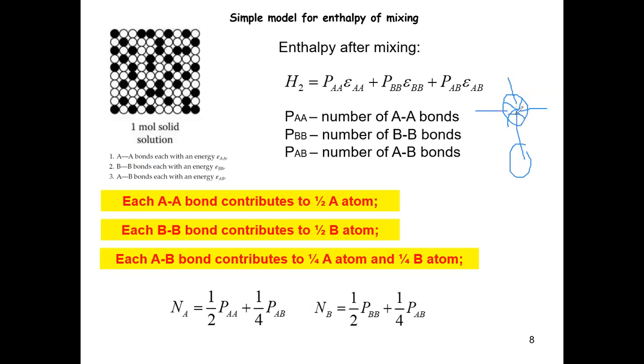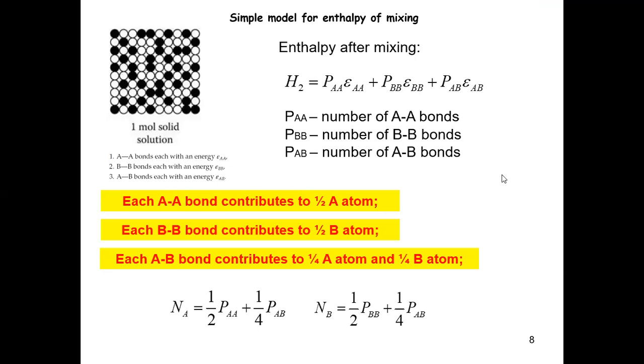You see that this end is going to be associated with 1/4, and this end is also going to be associated with 1/4. If this 1/4 and this 1/4 are the same type, you have a half atom of the same type, right? If they're different types, then you contribute only 1/4 to one type and 1/4 to the other type. So that's basically how we get this counting.